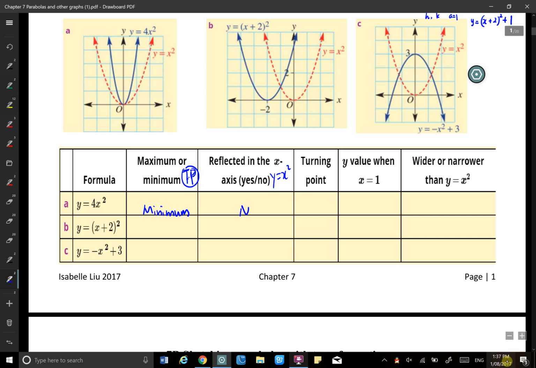No, it's not reflected, still positive. What's the turning point? (0, 0). Good. What's the y value when x equals 1? 4. 1 squared is 1, and that's 4. Is that a narrow or wider graph compared to y equals x squared? Narrow.